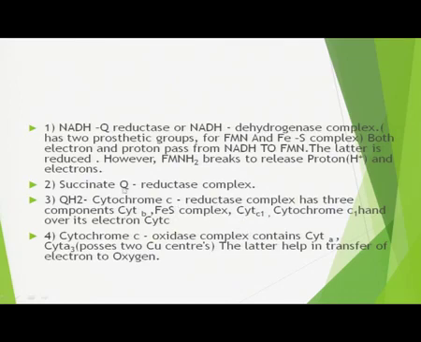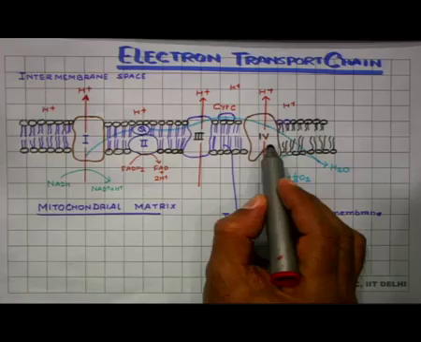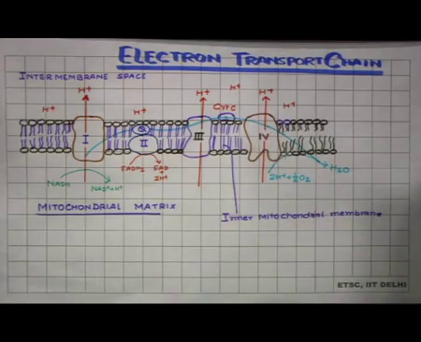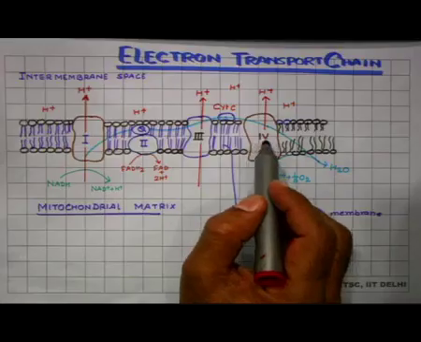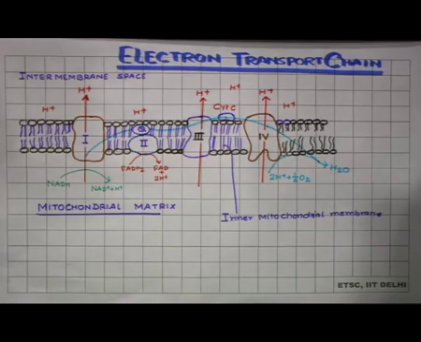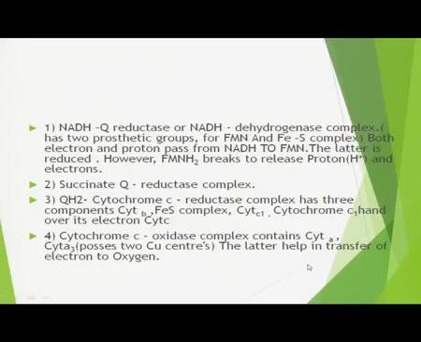The fourth complex is called cytochrome C oxidase complex, which contains cytochrome A and cytochrome A3, which possess a copper ion at the center. The latter helps in the transfer of electron to the oxygen.